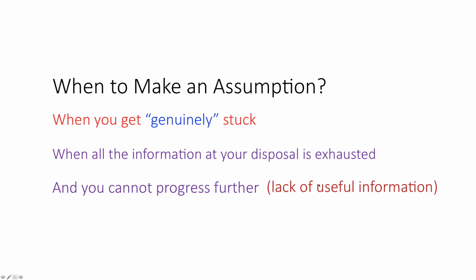So coming back to what we have learned, you have to make an assumption when you get genuinely stuck. When you get genuinely stuck, which means all the information available at your disposal has been exhausted, and still you are not able to progress further. You have tried all possible things. You're moving in the right direction.